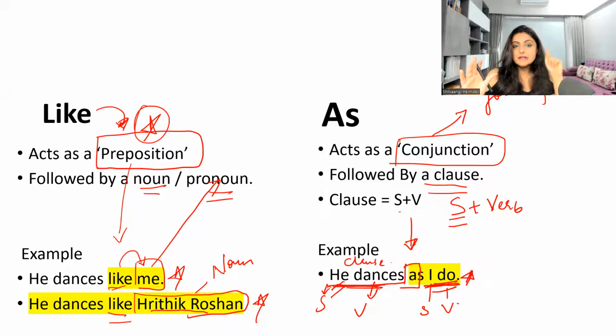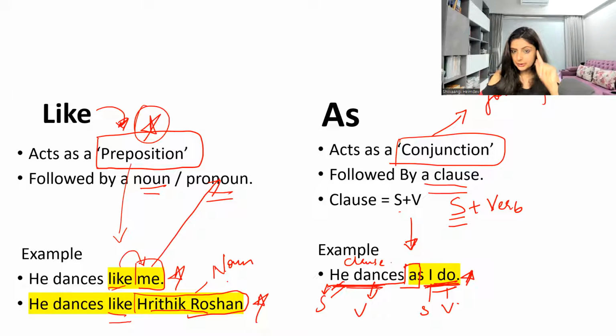Like is a preposition, which means it will always be followed by a noun or pronoun. After like in any sentence, the word has to be a noun or a pronoun. When I say as, which means after one clause, there you will have as, which is again followed by another clause.